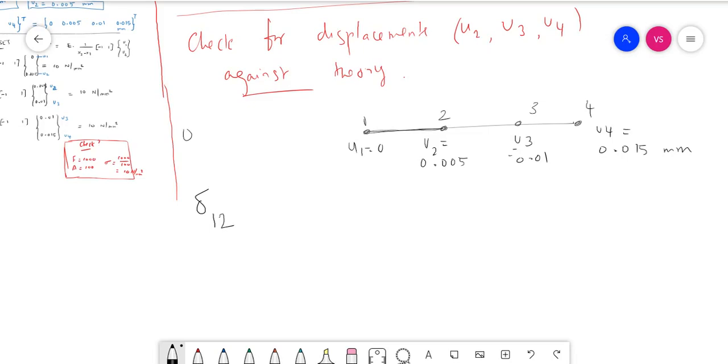We have the formula from mechanics of materials to find the elongation or compression of a bar. So if I use this equation for the segment 1 2 only, and I know by the way that this length is 100 mm. This length is 100 mm. Similarly, this length is also 100 mm. Also this.